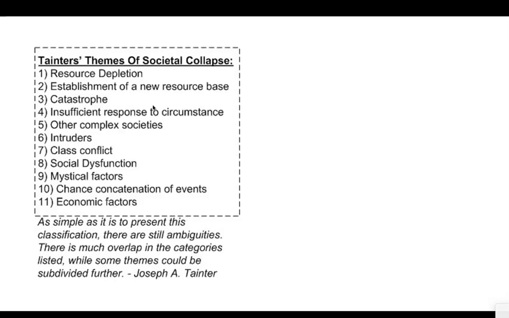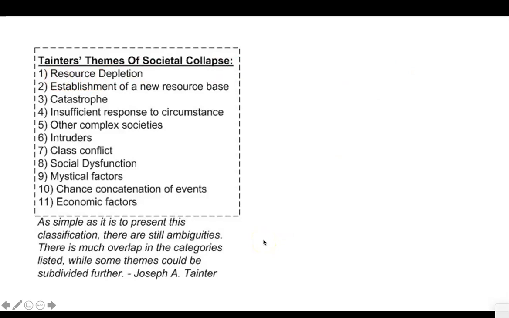Chacoan, anyway, one of the southwestern United States tribes that today would be New Mexico. He also looked at Rome and I believe a couple of other places, and he looked at their collapses, and he identified these 11 primary ways that we see societies collapse.